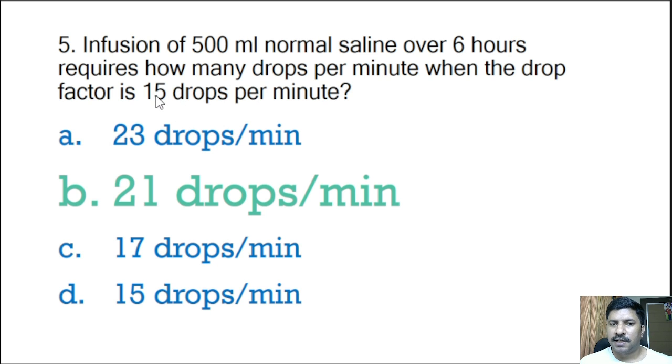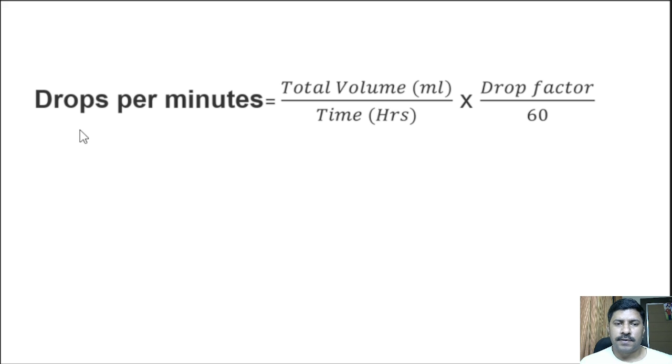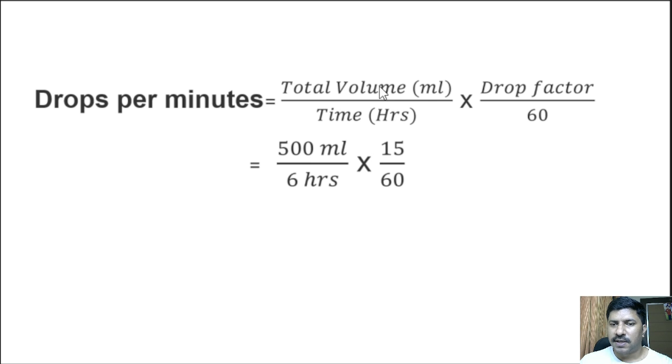The formula to find drops per minute is total volume in milliliter divided by time in hours multiplied by 60, since to convert hours to minutes we multiply with 60. Then we can apply the values. The total volume to administer is 500 ml. The time duration is 6 hours multiplied by 60, which gives minutes. The drop factor is 15.